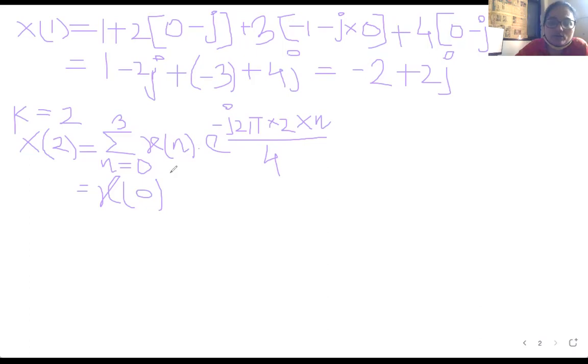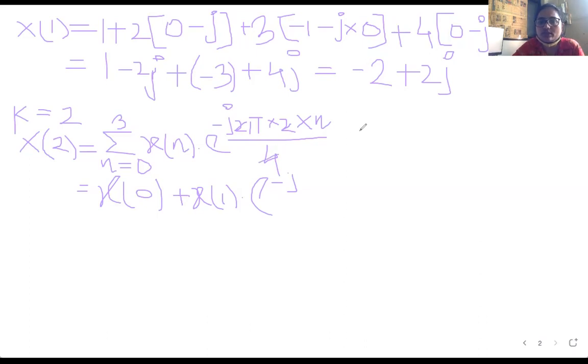Now I'm going to substitute the next value, that is n equal to 1. The equation will be x of 1 multiplied by e raised to minus j. I can reduce this: this 2 and this 4 will get cancelled.